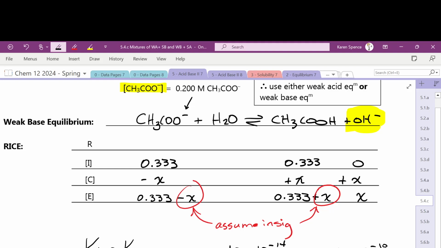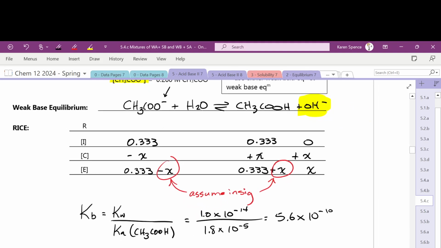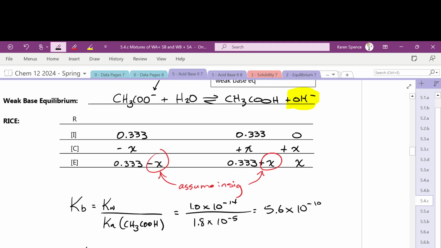So we have that value, and then we would go through and say, okay, I write my KB expression.